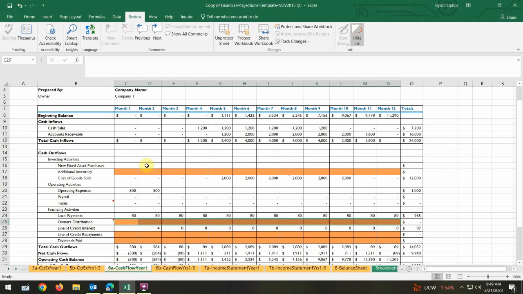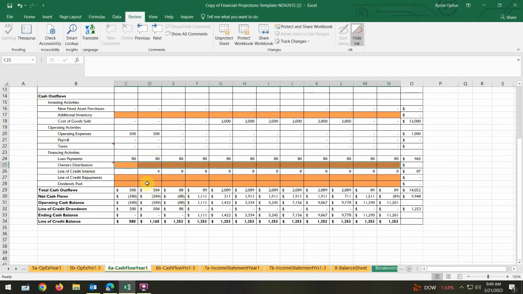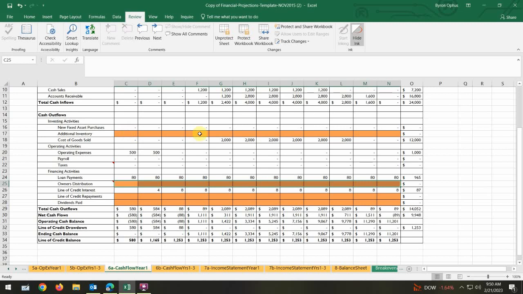As you can see on the cash flow for year one, there are only 4 rows of the orange cells that you might make entries to. Actually, there may only be 1 or 2 that you would actually make entries to.